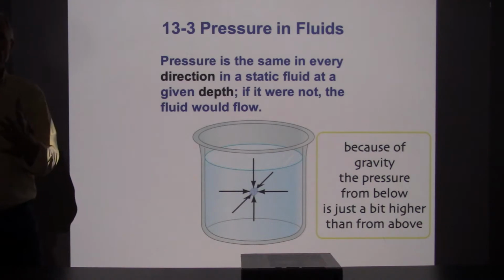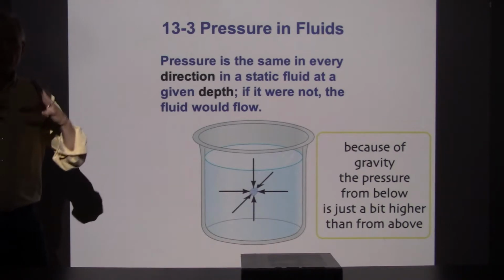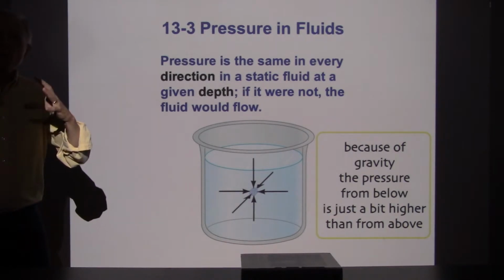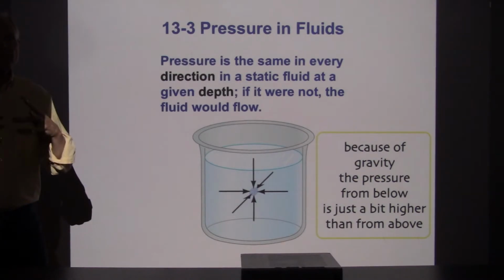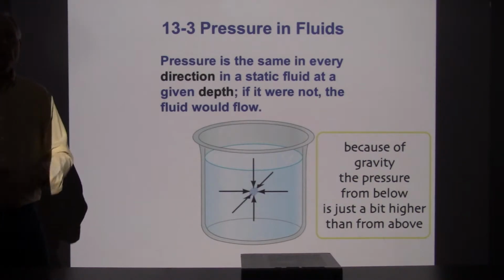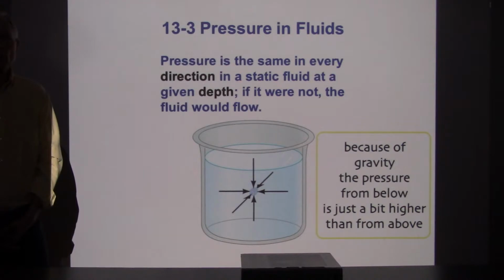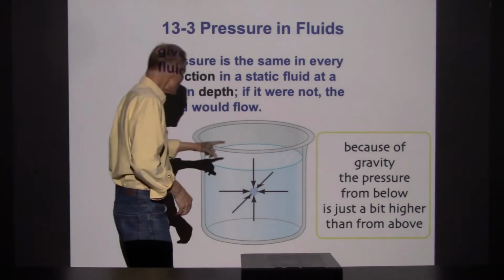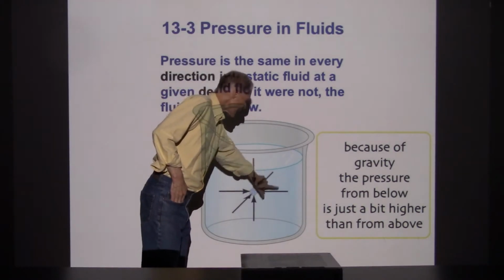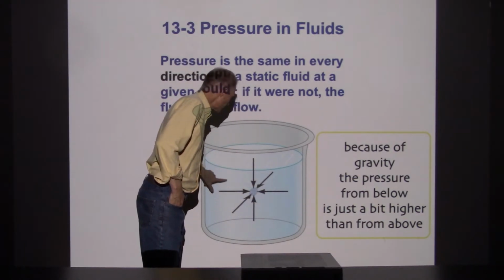So everything just has a certain pressure to it, depending on how deep into the atmosphere or how deep into the oceans or how deep into the solid material of the Earth the pressures are going to go up because of the gravitational effect. So this is showing that pressure exists at every location.